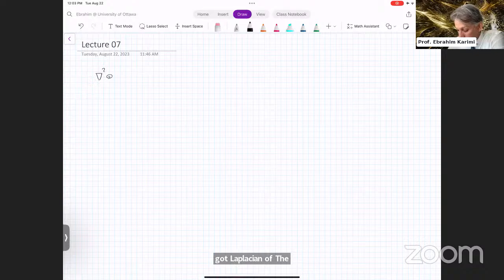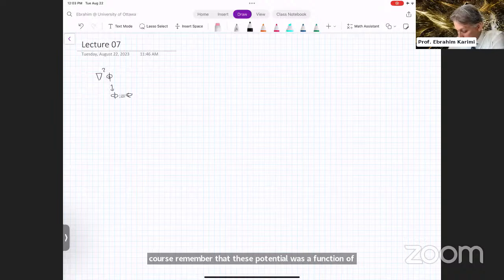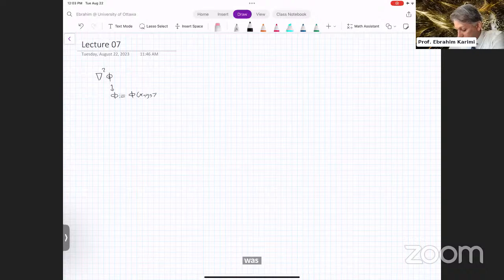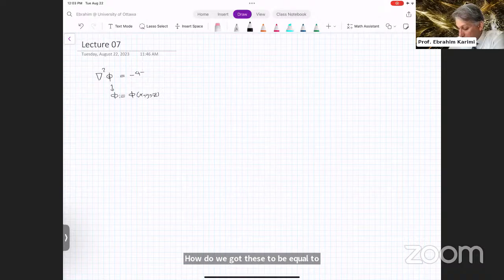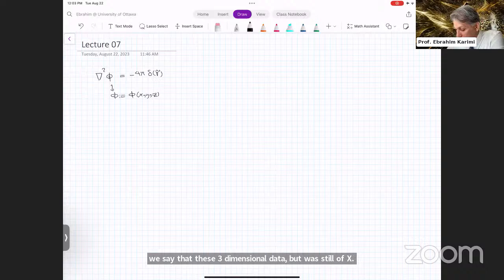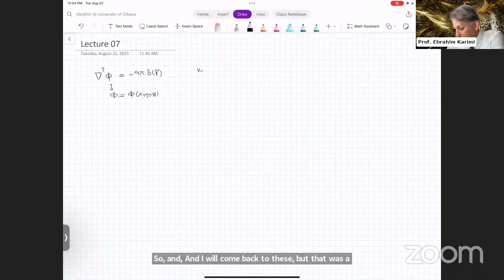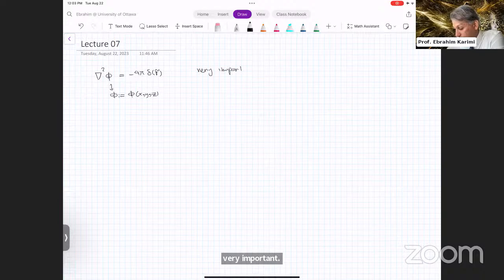Of course, remember that this potential was a function of x, y, and z, and we got this to be equal to minus 4 pi delta, the three-dimensional delta of x. I will come back to this, but that was a very important equation that we obtained.